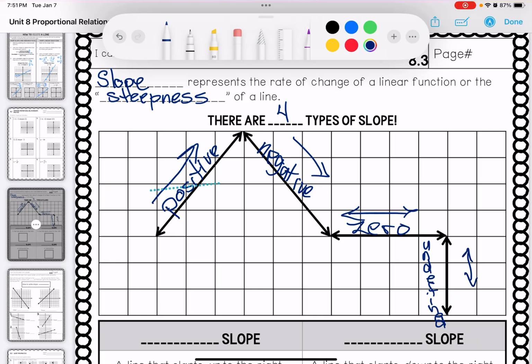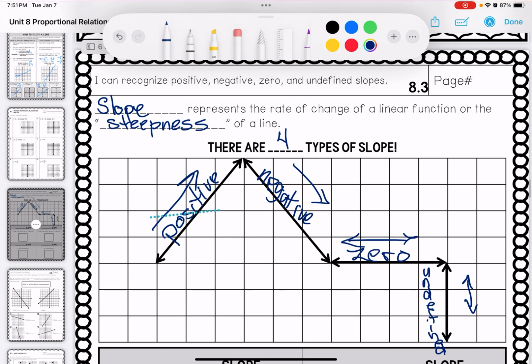You don't need to know all of the technical stuff with these slopes, but your positive slope is like an airplane going up. Your negative slope is like an airplane descending. A zero slope is like a bus. You're just going straight across. And an undefined slope is kind of like dropping a ball straight up and down.